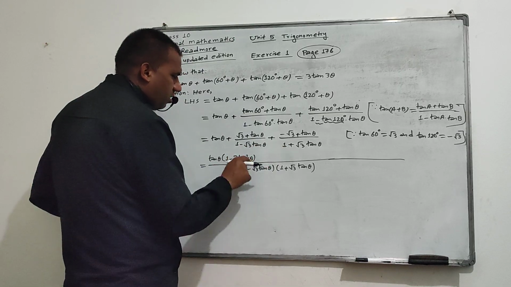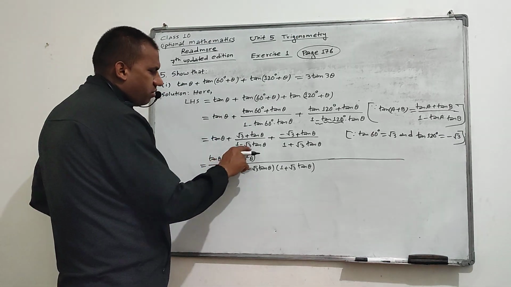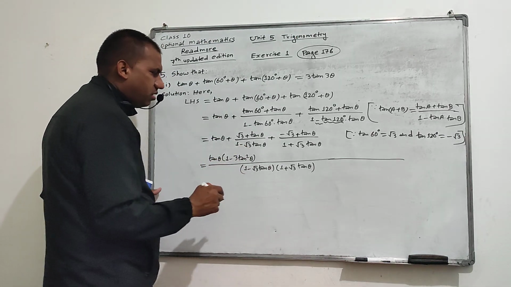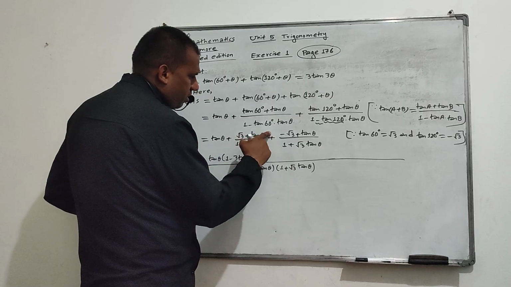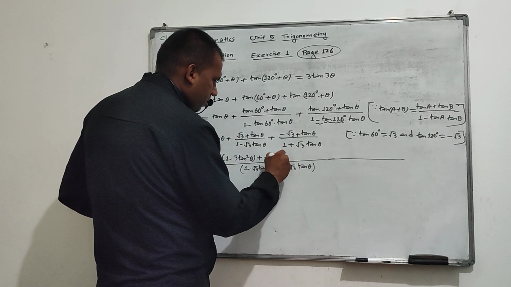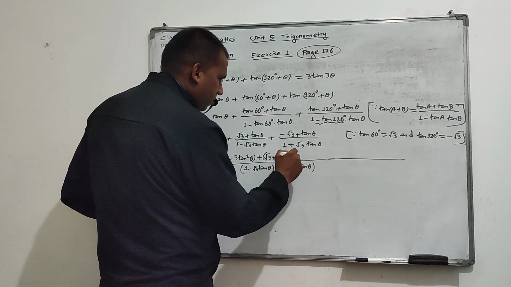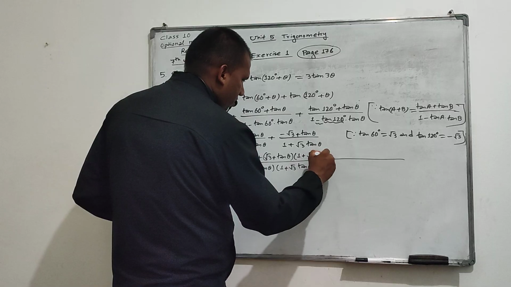Plus root 3 plus tan theta multiplied with 1 plus root 3 tan theta.